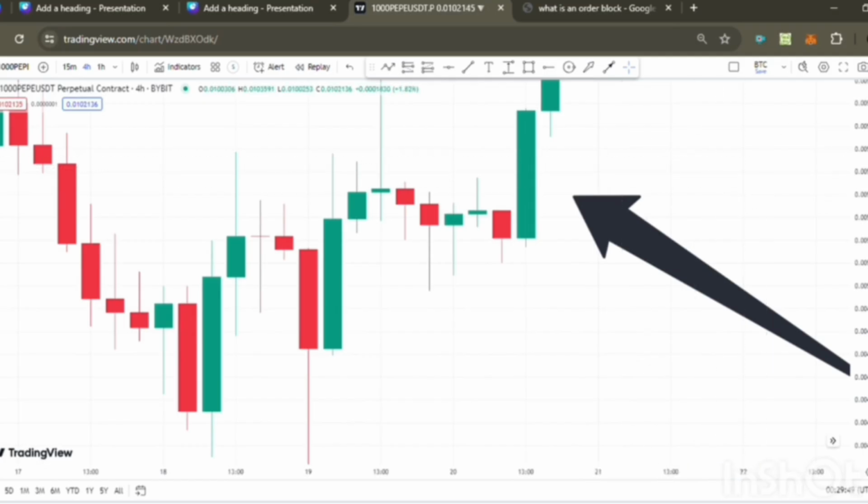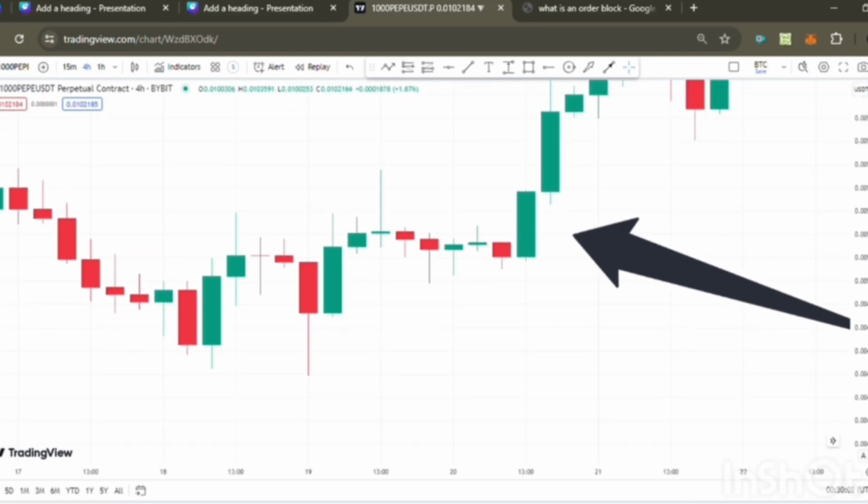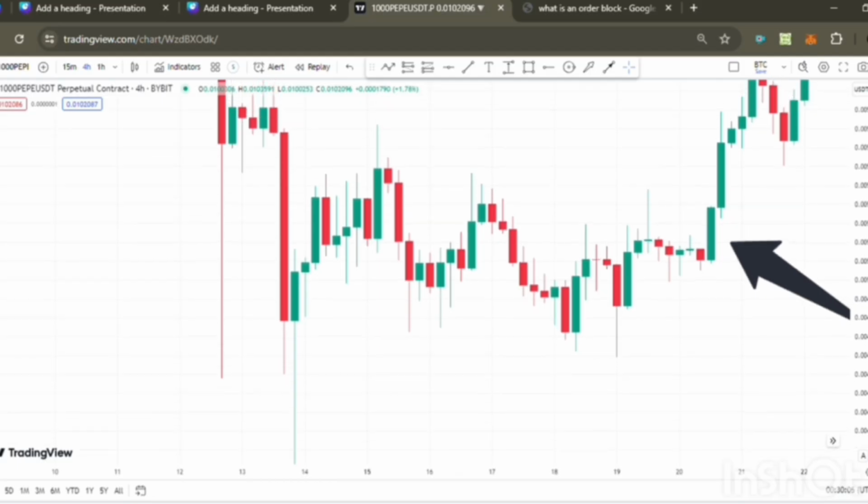Now another one is the market must leave inefficiency behind, all right, to generate market imbalance. Now this is what we mean by inefficiency. You hear me sometimes when I draw my chart, I draw fair value gap, like the gap.